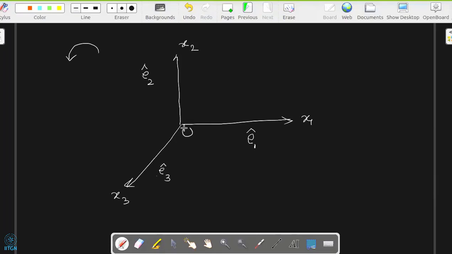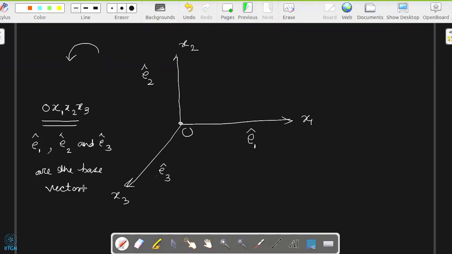So now our coordinate system is O, x1, x2 and x3, where we have kept our observer, and from here this observer is observing an event. Now, as we had i, j, k, here we have e1, e2 and e3 as the base vectors of this coordinate system.